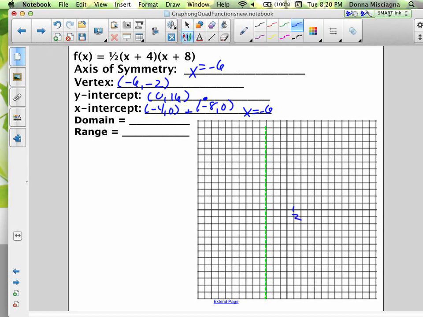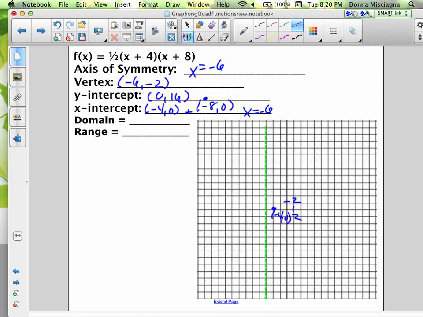So this is 2, and this is 2 now. This line here is still x equals -6 because every box is now 2. And now this is going to be (-4, 0).